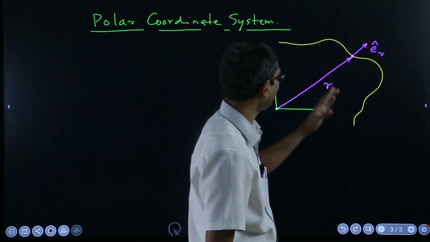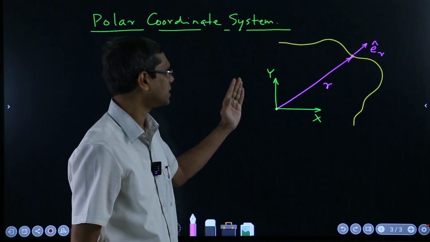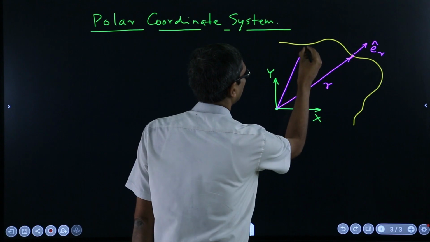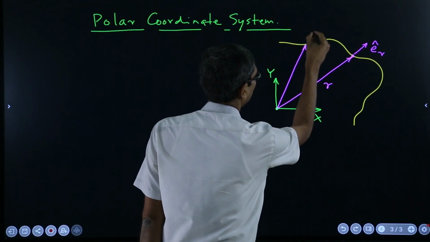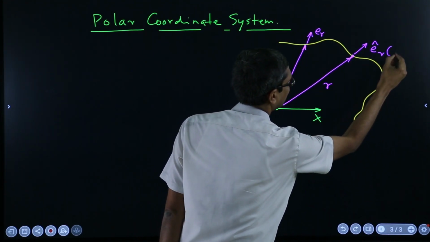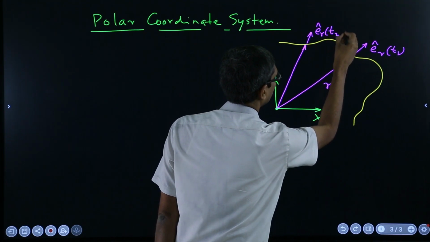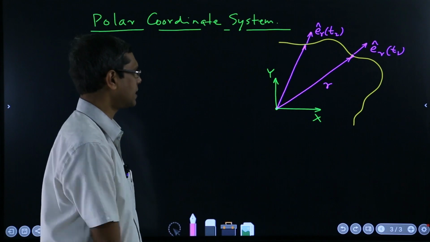But now the way we are defining a unit vector, that is changing at every location. For example, now if I go to this point, now the position, so the unit vector becomes this. Suppose this is at time t1 and this is at time t2. So, like that we define the unit vector which is continuously changing.